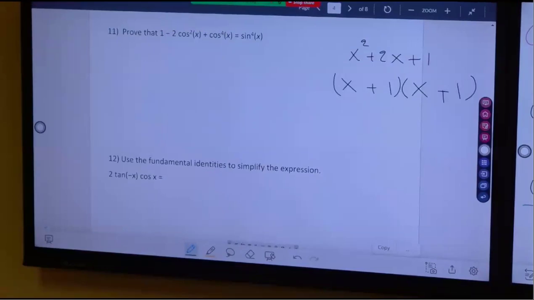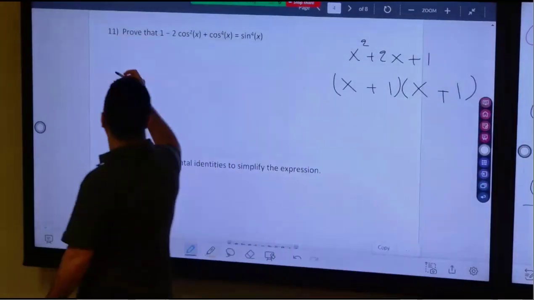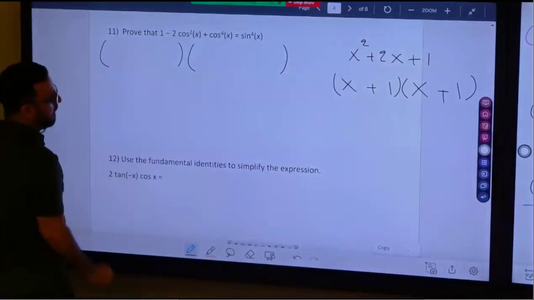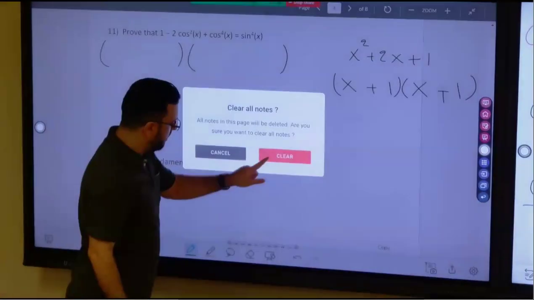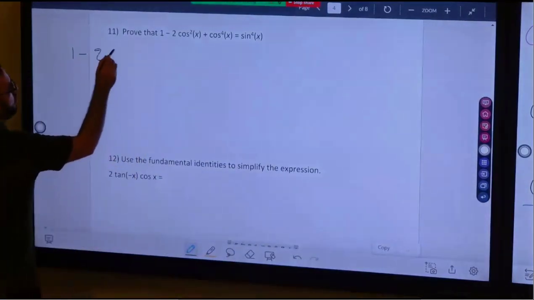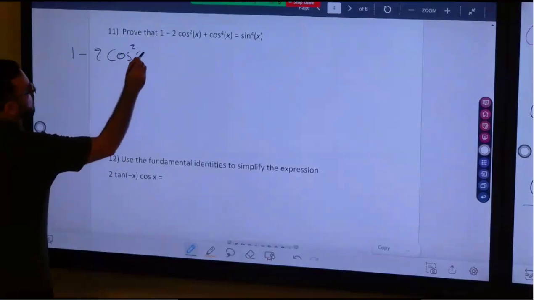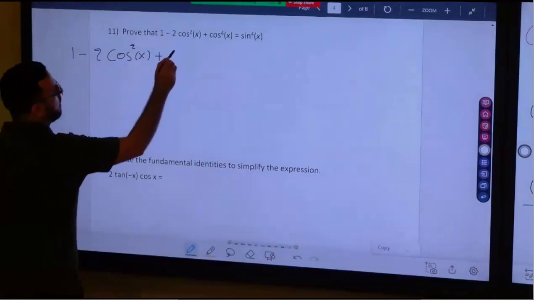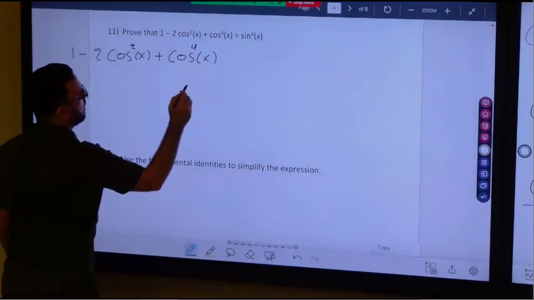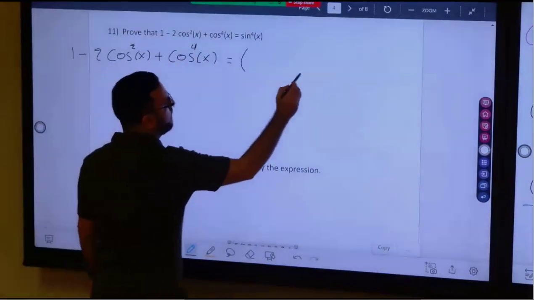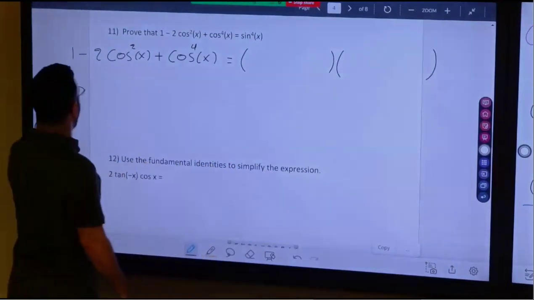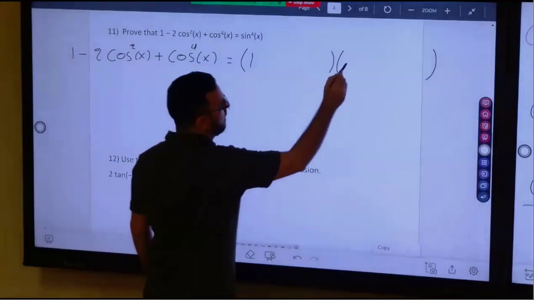So we're going to open two parentheses. Here's the first one, and here's the second one. One minus two cosine squared x plus cosine to the power four x. Can I write down one here and one here?